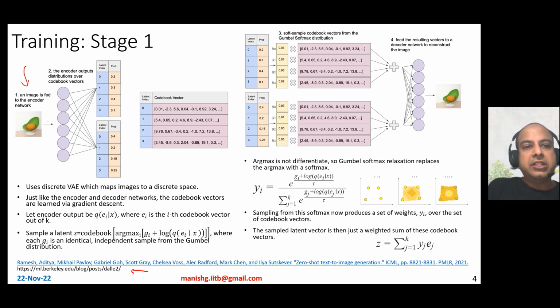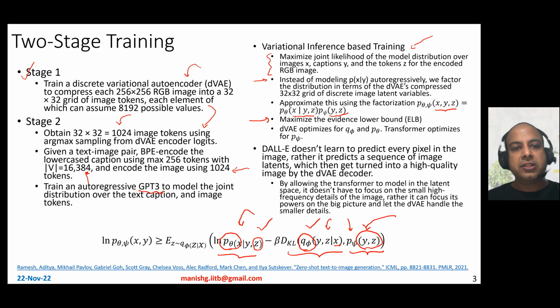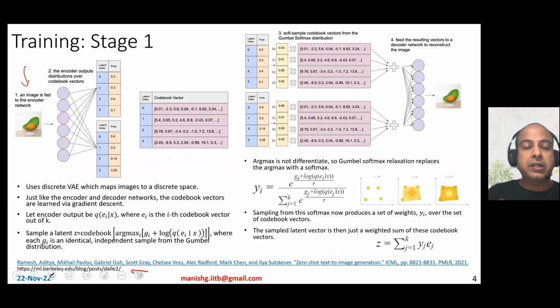The CNN encoder takes this 256 cross 256 cross 3 image, because it's an RGB image, and gives you 32 cross 32 cross the number of codebook vectors sized representations, right? So essentially 8192 possible values. So the output from the CNN encoder is 32 cross 32 cross 8192, right? The encoder outputs distributions over these codebook vectors.